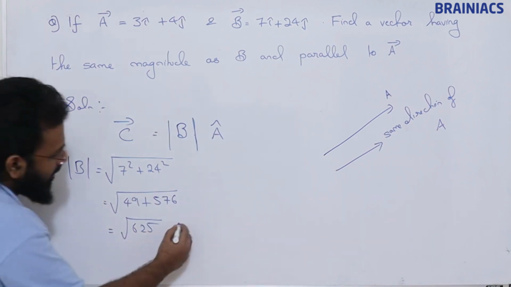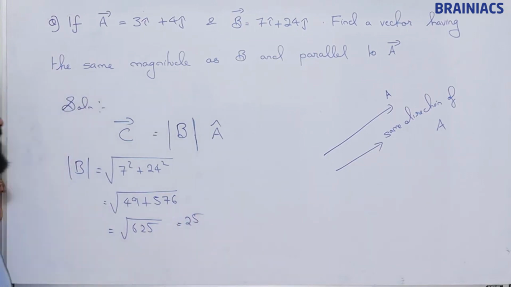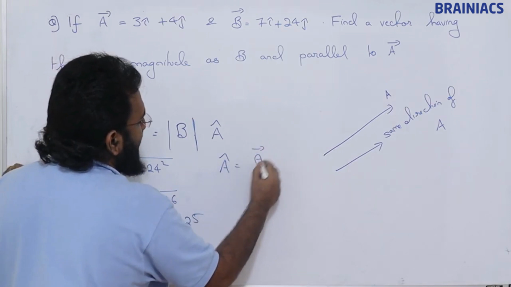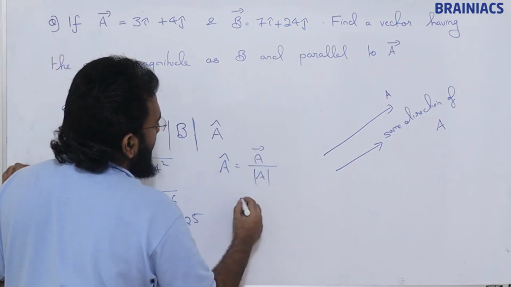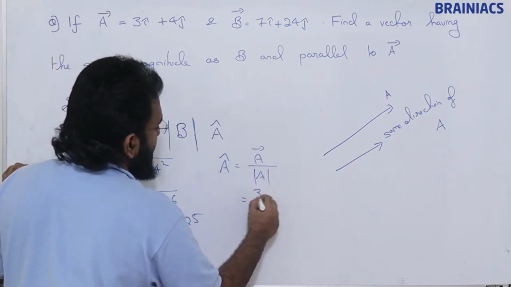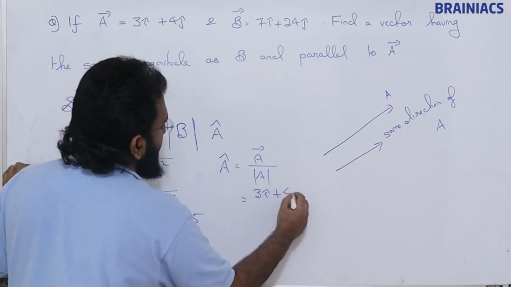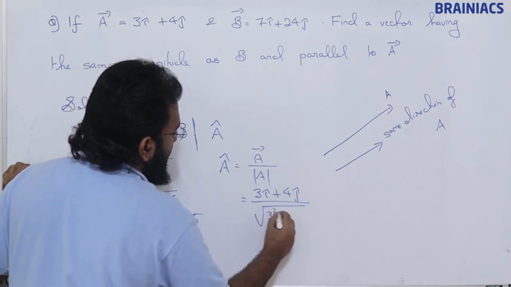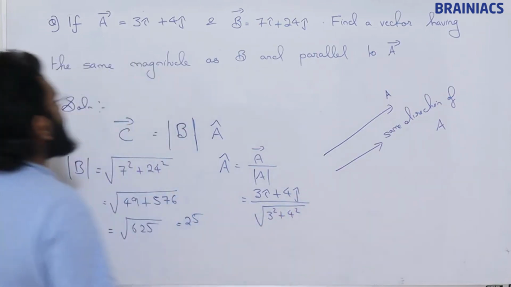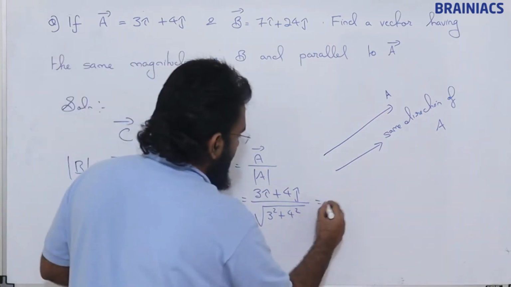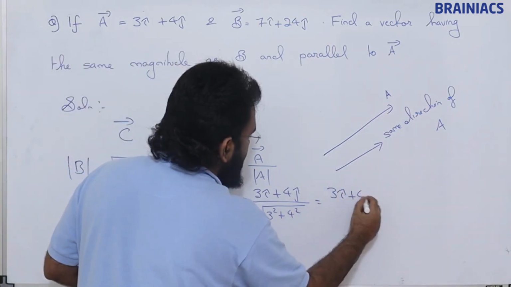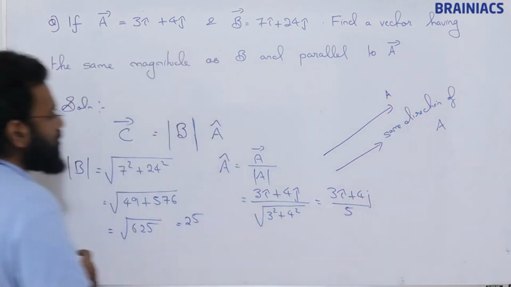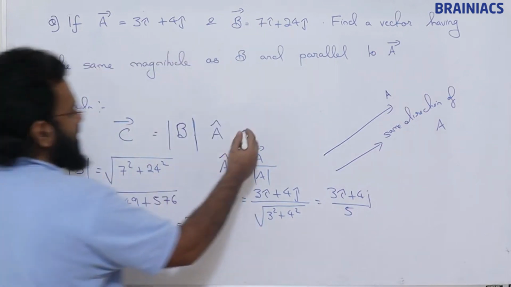Now what is unit vector A? Vector A divided by magnitude of vector A. So vector A is 3i plus 4j divided by the magnitude of A, which is nothing but root of 3 square plus 4 square. So 3i plus 4j divided by 5.